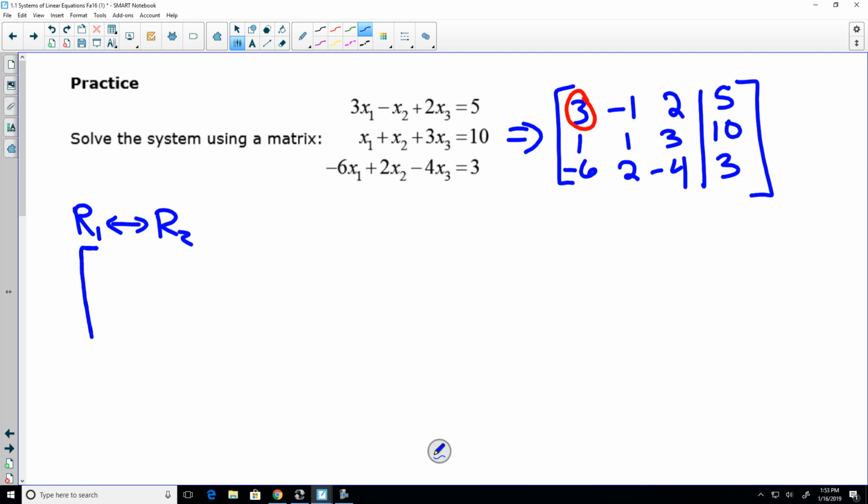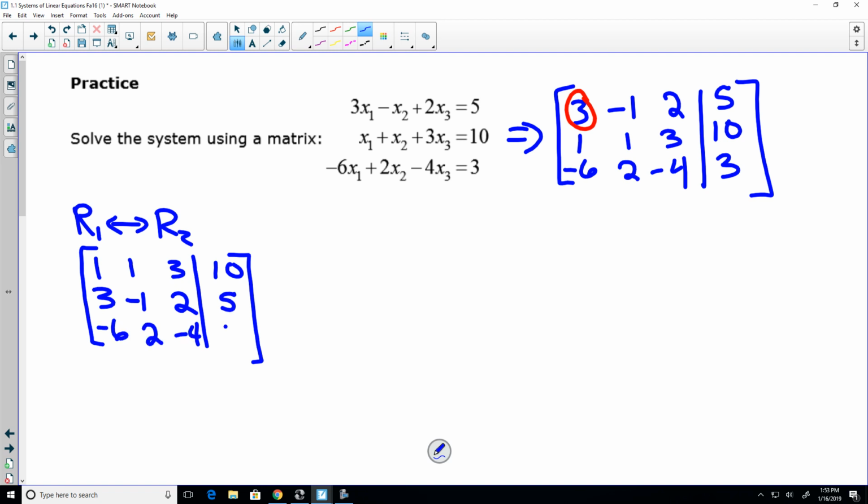And then I'm going to rewrite the matrix. And if I mess up, you guys got to help me, okay? There'll be some tedious things with these matrices.